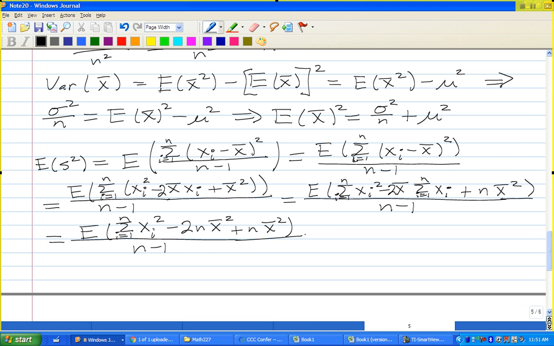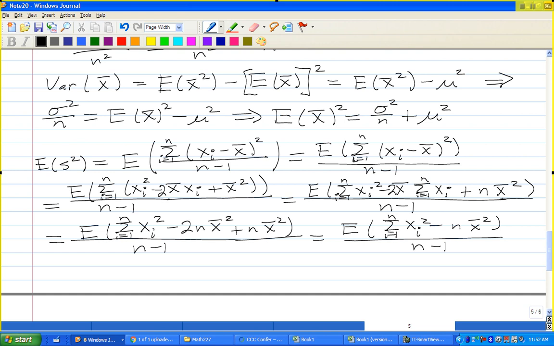But now you can combine those, so this is just the expected value of the sum of x_i squared plus n x bar squared minus, because they're subtracting two of them, minus 2n x bar squared, all over n minus 1.